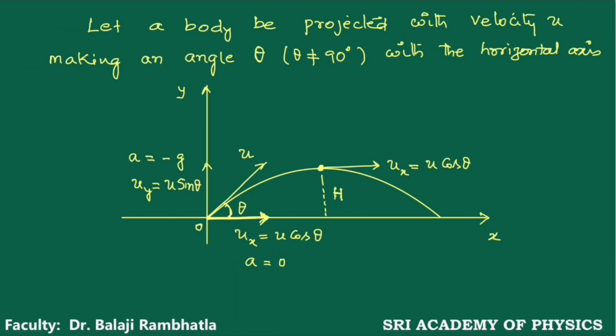Right. At a particular instant, the particle is at a point P. Let us consider at a particular time, the projectile body is at a point P and its coordinates are, say, x comma y.